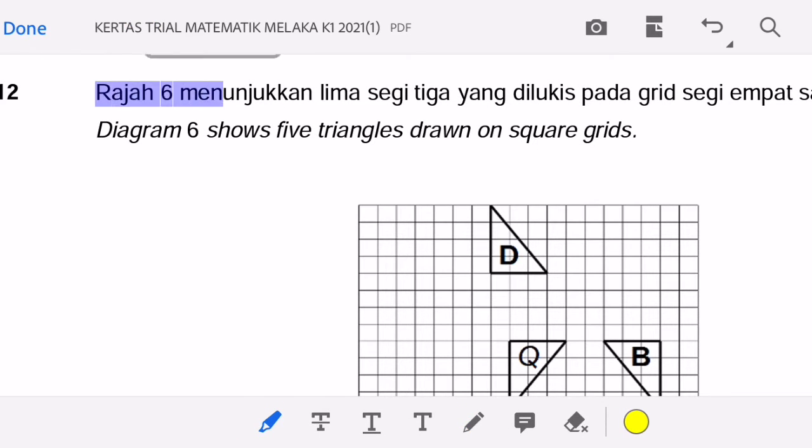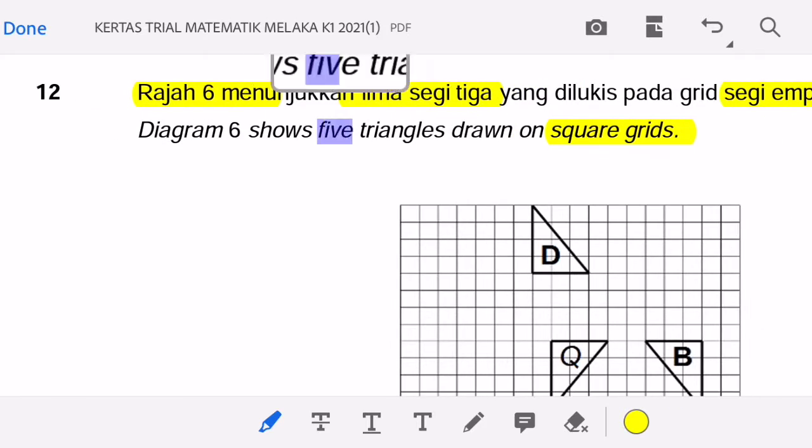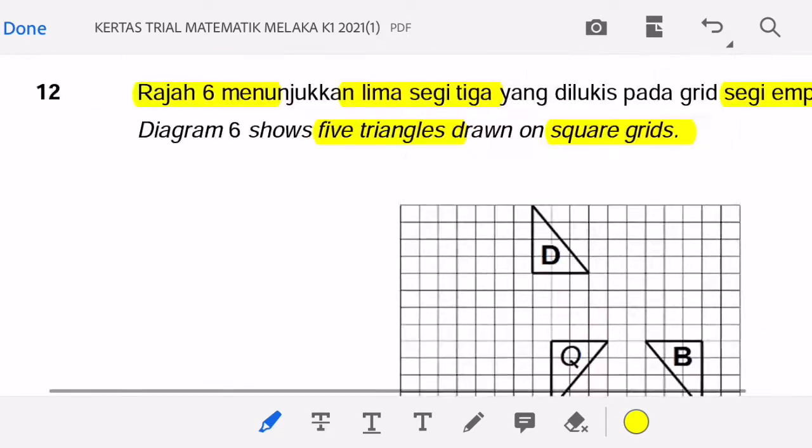Rajah 6 menunjukkan 5 segitiga yang dilukis pada grid segi 4 sama. Okay, it's a square grid. We have 5 triangles. So what does the question want?